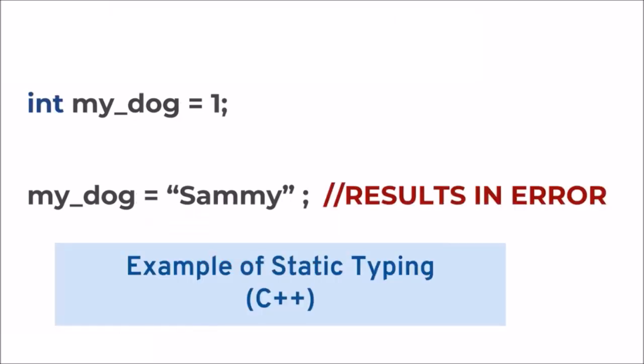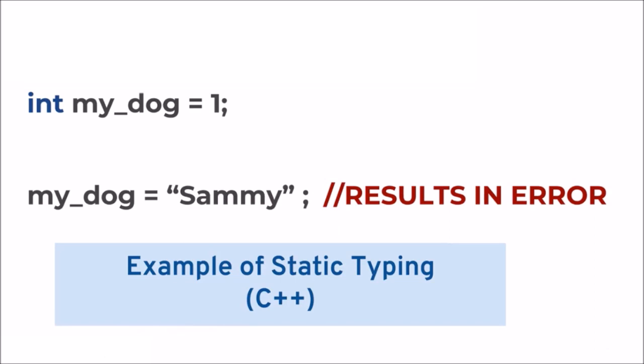So here I have another thing. I mention the data type. Okay, so I use int my dog is equal to 1. If I then use my dog is equal to Sammy, I have declared my dog variable to be int, so it should be 1. If I write this, it will pop up an error.